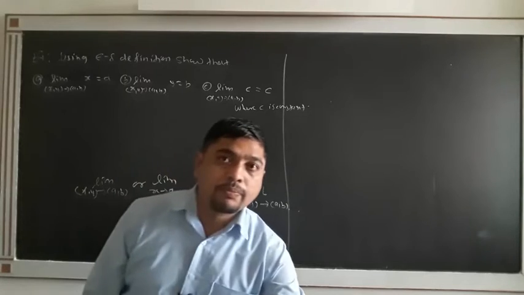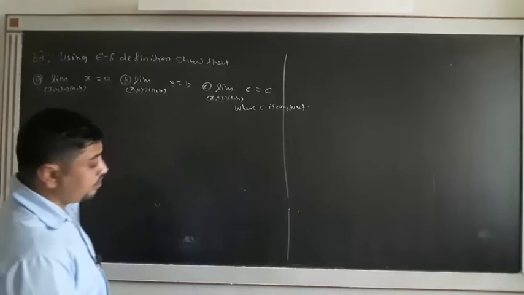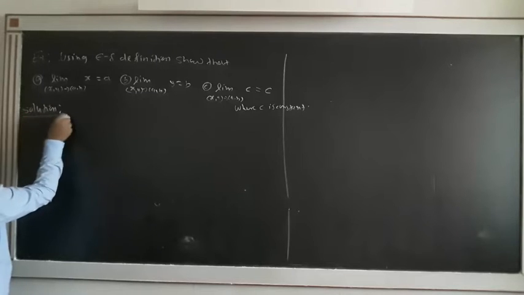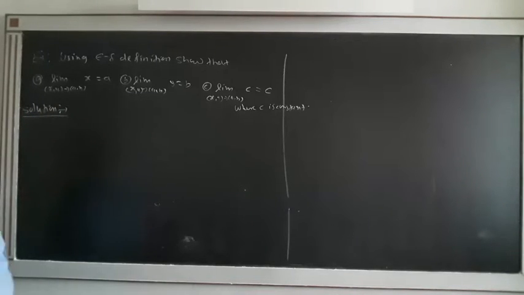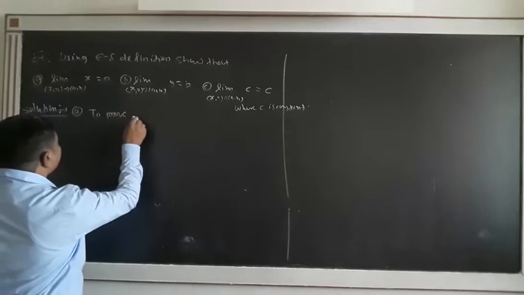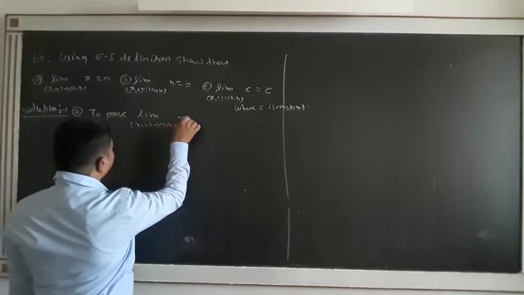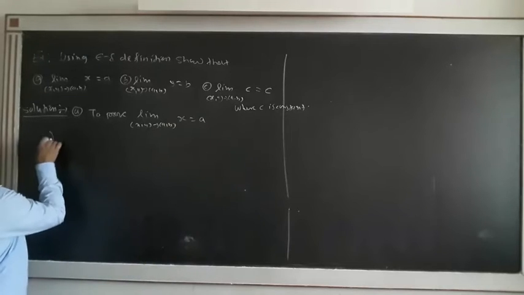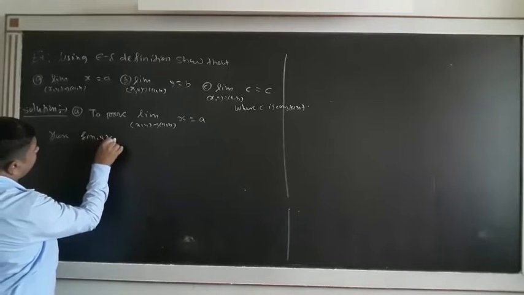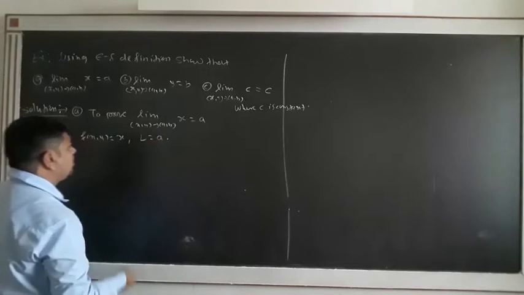How do we solve this? Solution. First we have to prove the limit as (x, y) tends to (a, b) of x is equal to a. Here f of x, y is equal to x, and L is equal to a.